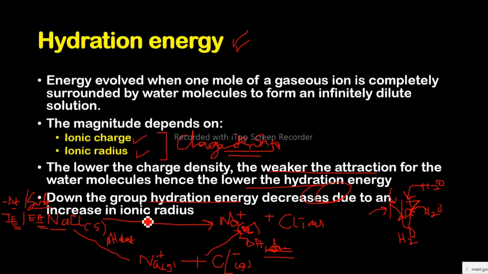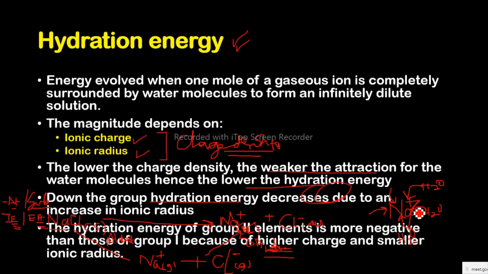The ionic radius is increasing, but the charge remains the same. So the charge density is decreasing. And so the force of attraction for these incoming water molecules is going to be low, and so less energy is going to be evolved. Is that okay? Yes. So basically, that's how hydration energy is.